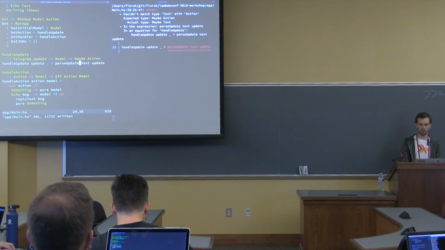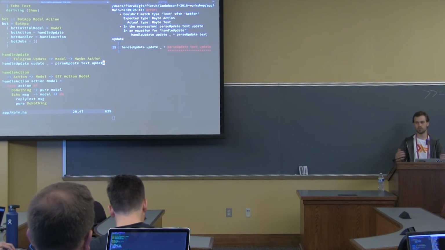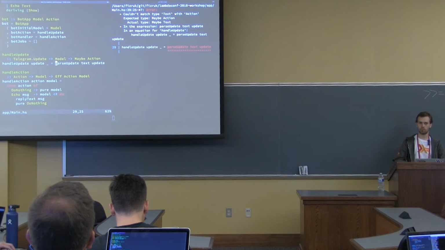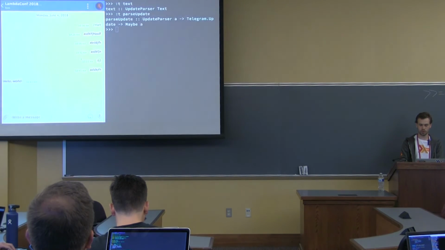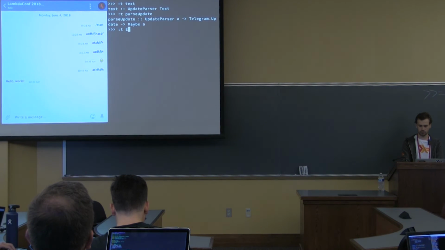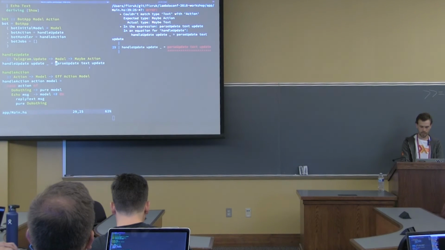So how do we do this? The result of this whole thing is Maybe Text, but we want Maybe Action. So what we normally do if we have one thing and want another, how do we go from text to action? We just use echo. Echo is a constructor that takes text and returns action. So I want to apply echo here.